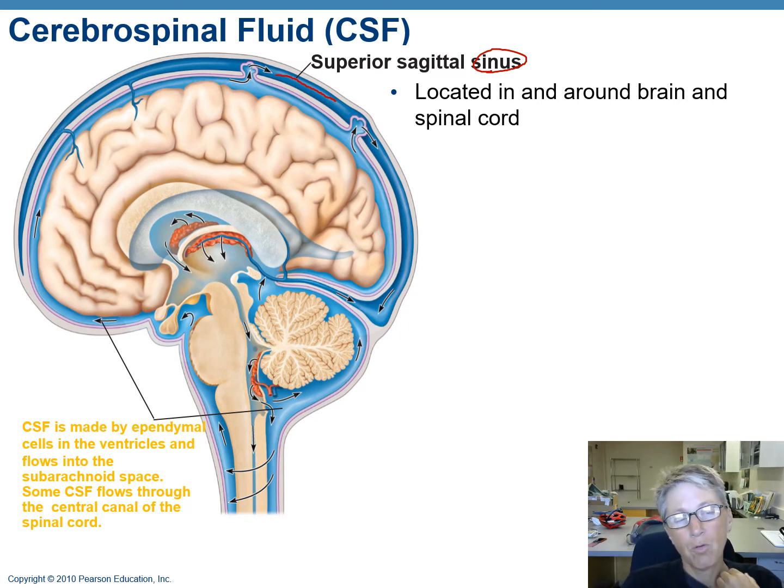If you come down here, it tells you that the cerebrospinal fluid, or the CSF, is made by the ependymal cells. So that's these red tufts of capillaries, and here they all contain ependymal cells, and they live in ventricles.